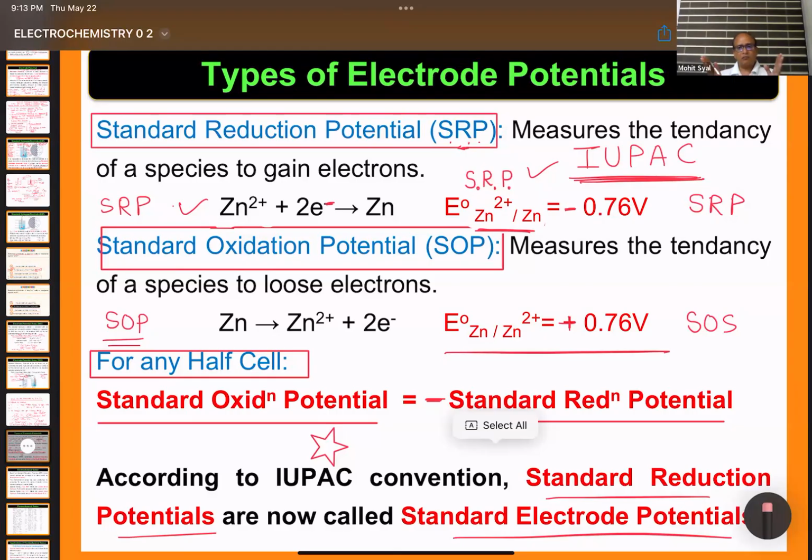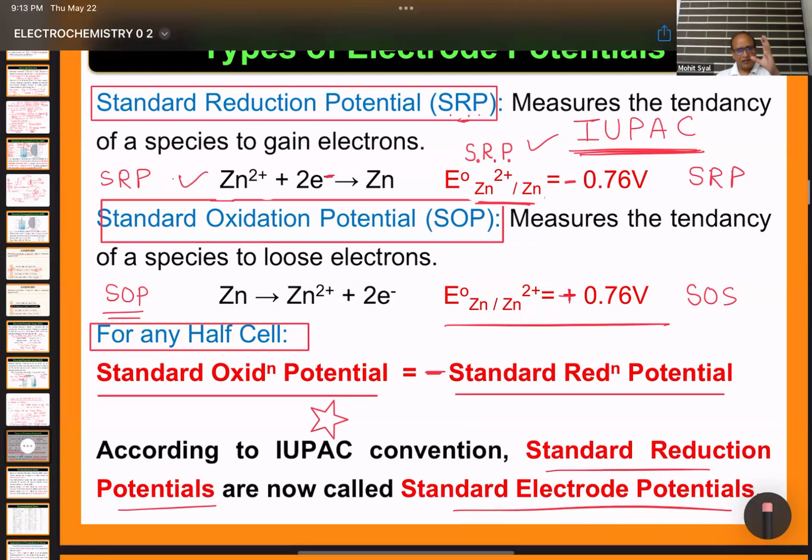We can have standard oxidation potential also, which measures the tendency to lose electrons for the same element, for the same compound. Both will have equal magnitude but opposite sign. So standard reduction potential is the standard electrode potential, and we can measure it by connecting that electrode with standard hydrogen electrode. I hope all these points are clear. You should keep in mind, they are very, very important. Got it?